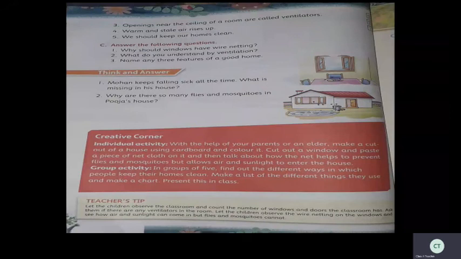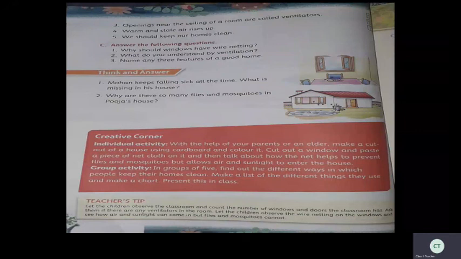The next one, why are there so many flies and mosquitoes in Pooja's house? See, children, you can see many mosquitoes are going in a line, as if we are going for assembly. In that way, the mosquitoes are going inside the house.